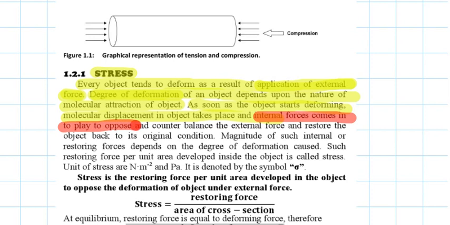That means whenever we apply a force, an external force, on any object, the material will start deforming. At that time, to oppose this external force, an equal and opposite internal force will be generated inside the material, which will tend to restore the object back to its original condition.